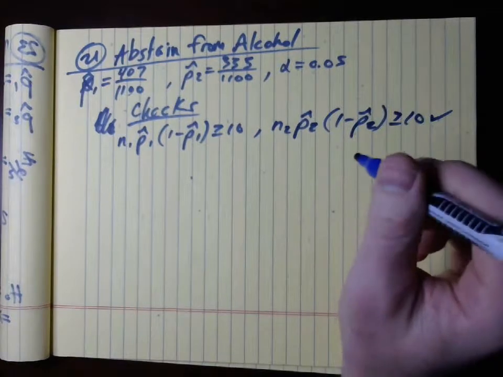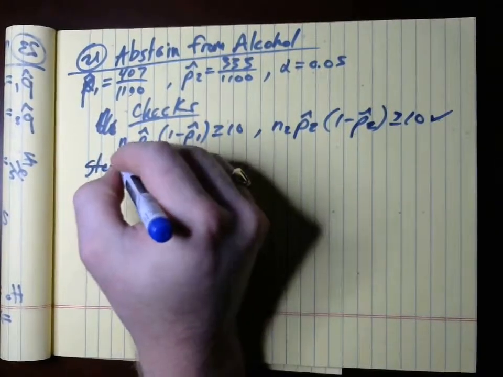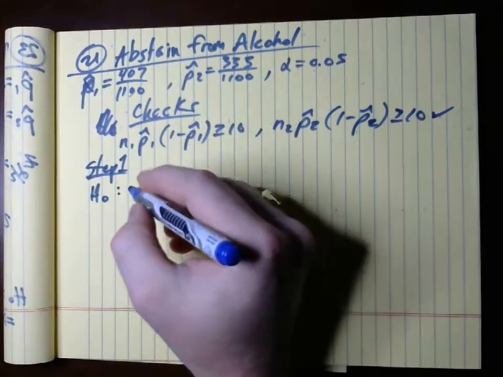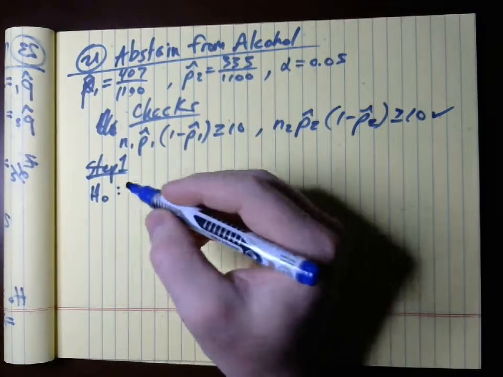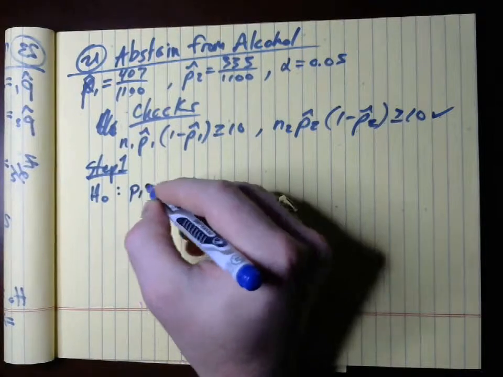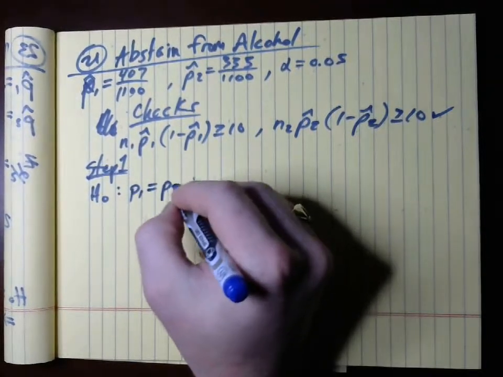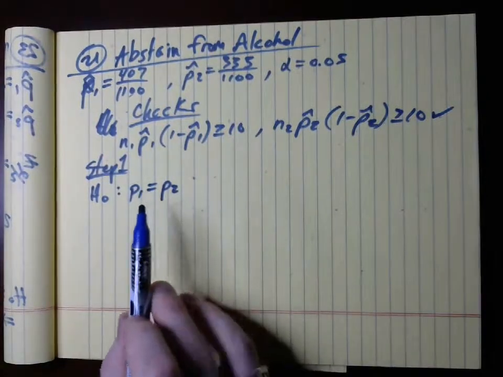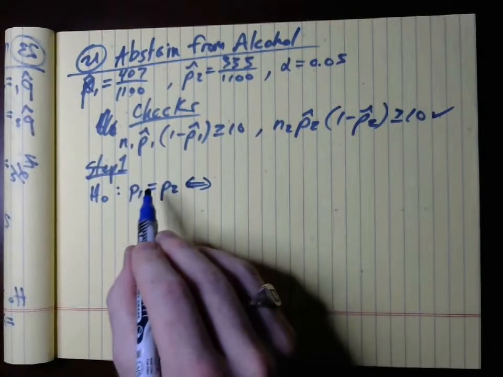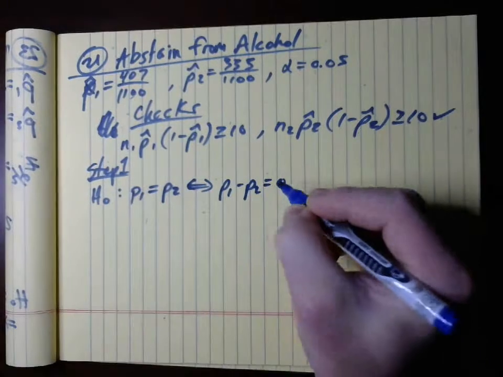Let's go into step 1, which is H naught. H naught would be the difference of the two proportions. Again, there are two different ways of saying this: we can say that P1 equals P2, or we can say P1 minus P2 is equal to 0.